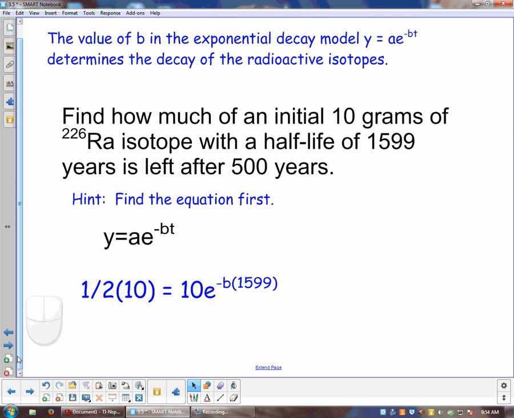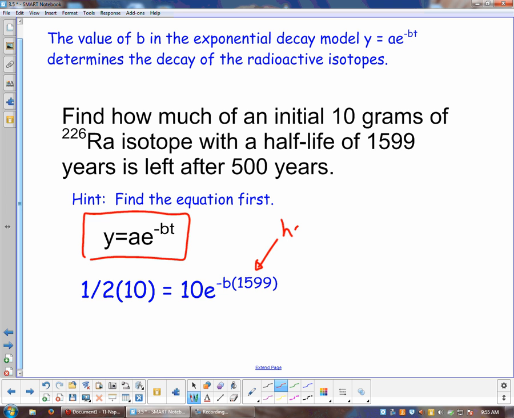So for this one, if we are going to find the amount left after 500 years, we'll start with our decay model, and we're going to plug in the half-life. The only thing we know is that the half-life is 1,599 years, so that half-life is going to go right here, right? The initial amount, 10 grams, goes right here.